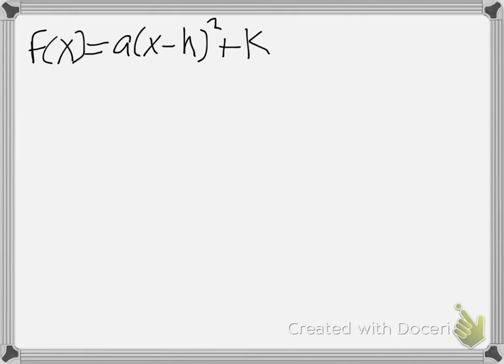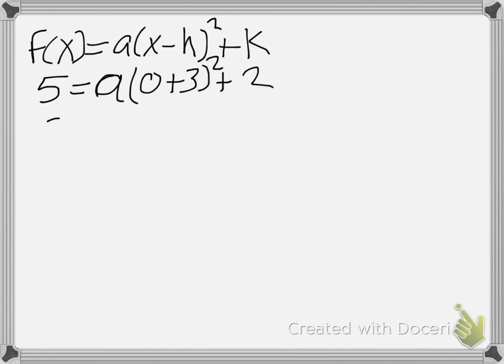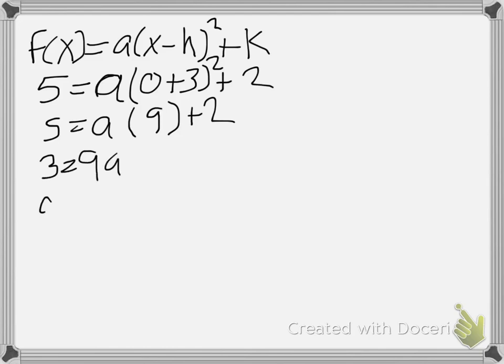And if our vertex is at negative 3, 2, and a point is 0, 5, well, the 5 is my y value. So 5 equals a times 0 minus negative 3, which becomes plus 3 squared, plus 2. So 5 equals a times 9 plus 2. 3 equals 9a. So a equals 1/3.